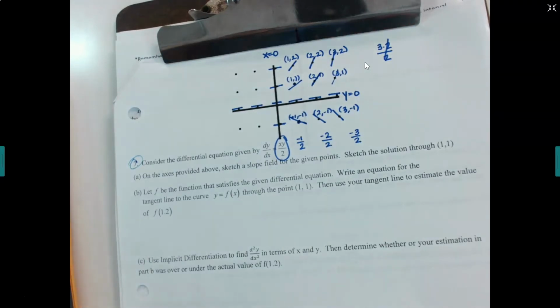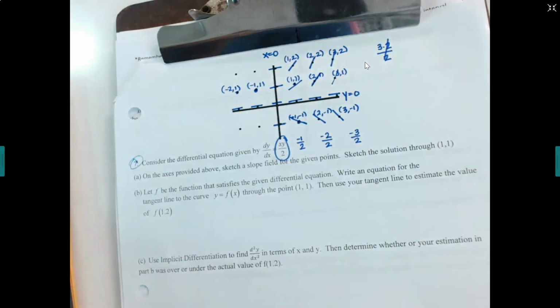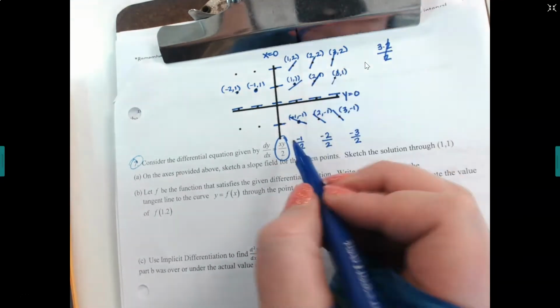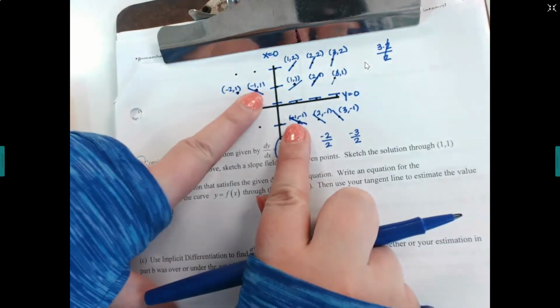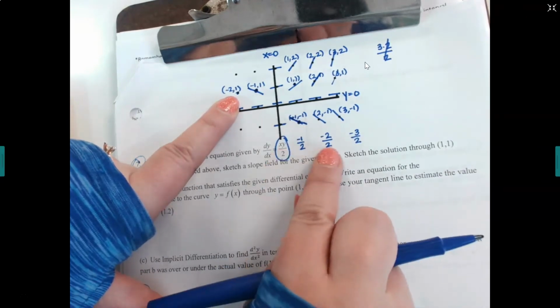Okay, next one. Oh wait, I have to sketch a solution, so we'll finish it. So (-1, 1) and (-2, 1). If I multiply -1 times 1, I get -1, divided by 2 is -1/2, exact same as this one. So these should have about the same slope. Then I come over here, -2 times 1 is -2 again, divided by 2 is -1.